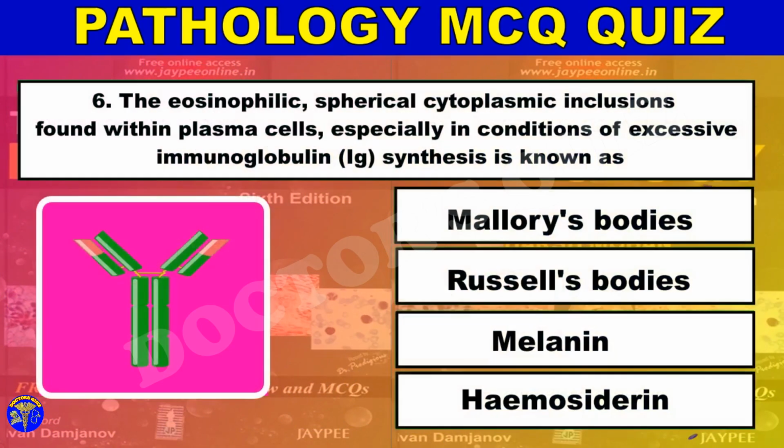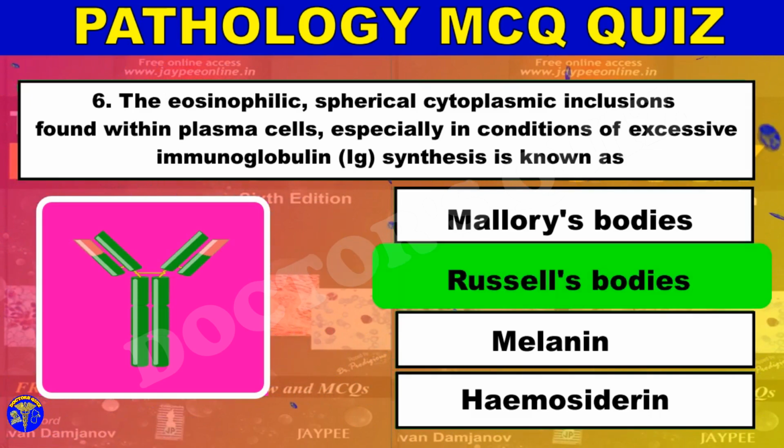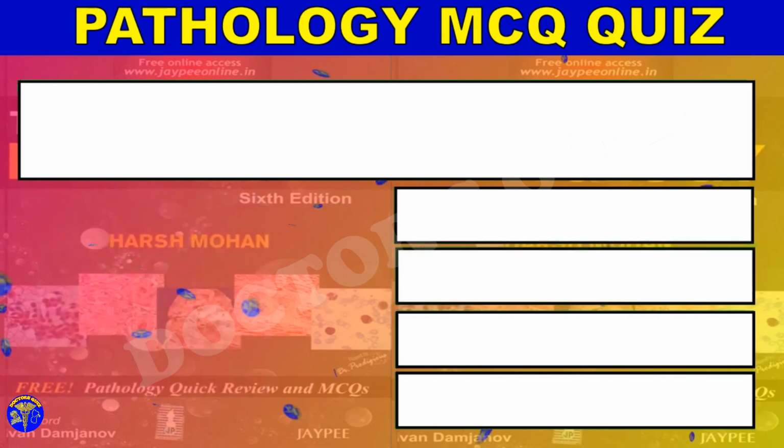The eosinophilic spherical cytoplasmic inclusions found within plasma cells, especially in conditions of excessive immunoglobulin synthesis, is known as? The options are Mallory's bodies, Russell's bodies, melanin and hemosiderin. The right answer is Russell's bodies.